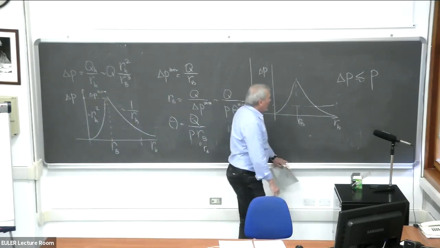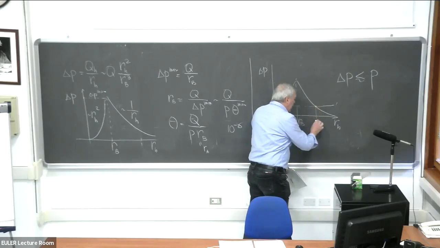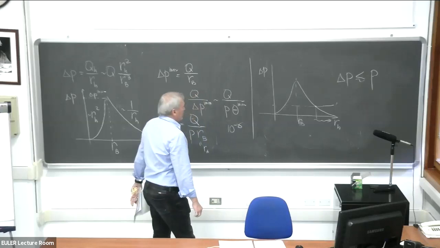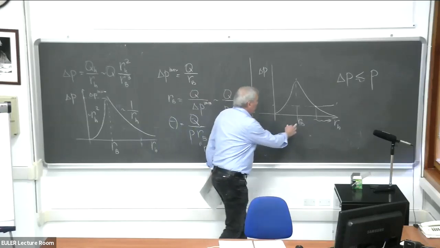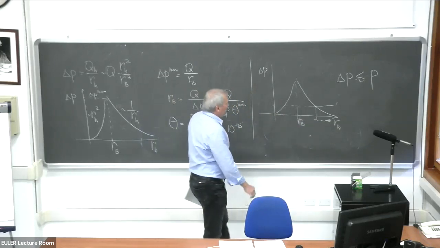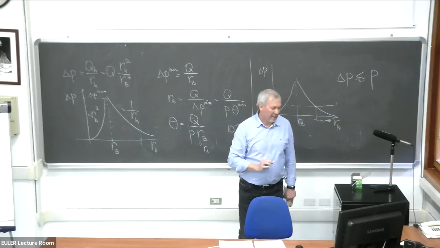This means that we can probe with this particle the structures which are here and bigger. And we are not even reaching this R_B. In this case, for this scattering, the particle will look to us like a point-like particle.